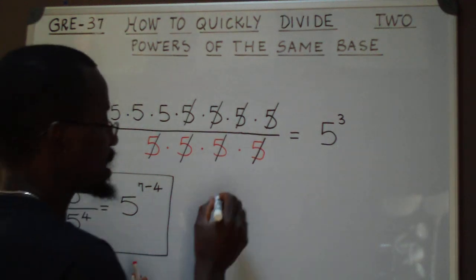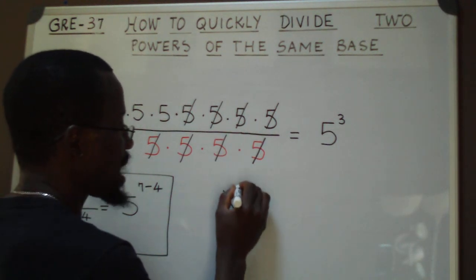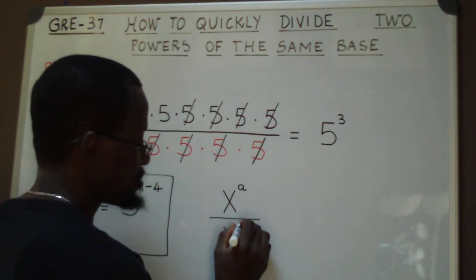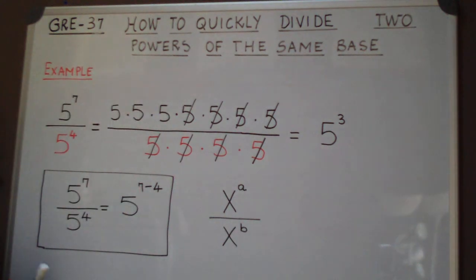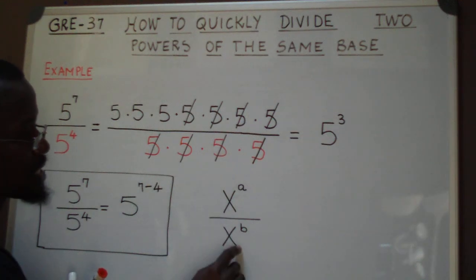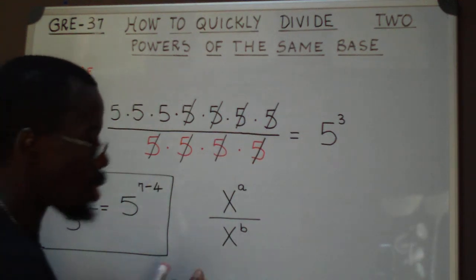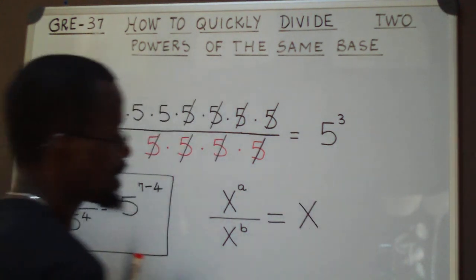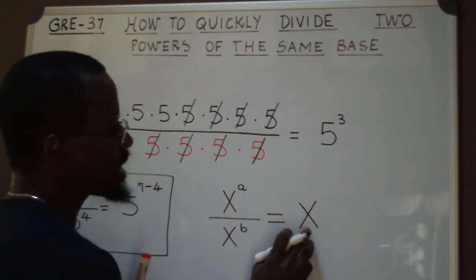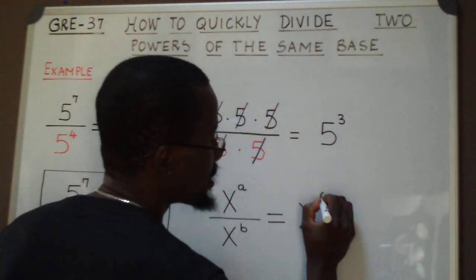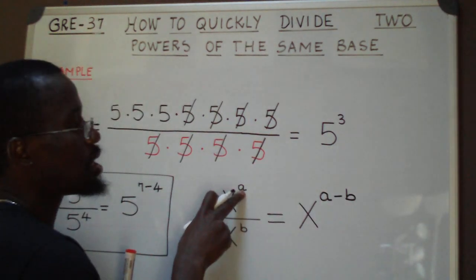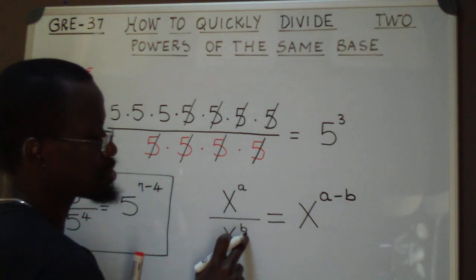If I give you x to the exponent a divided by x to the exponent b, then as long as the two bases are the same, the answer is always equal to the common base, raised to the exponent a minus b. It is always the exponent of the numerator minus the exponent of the denominator.